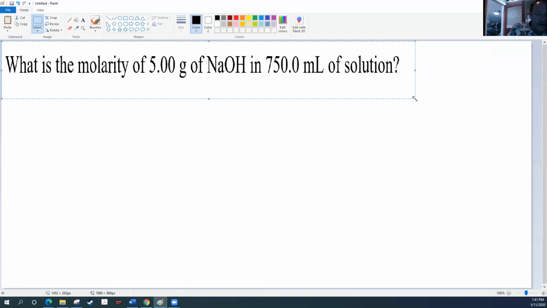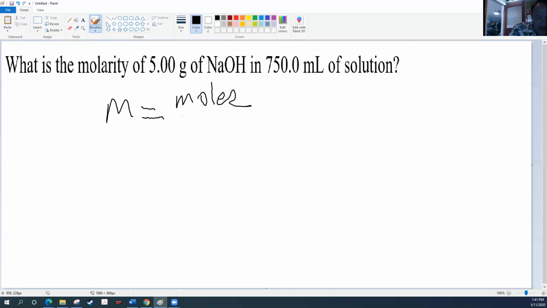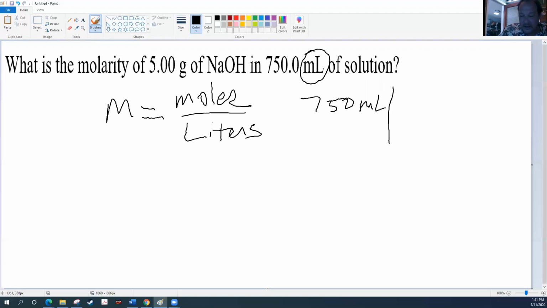So they're straight out asking us for molarity, so we know we need to use molarity equals moles over liters. Notice here, this is not in liters, this is in milliliters. So 750 milliliters, and I don't know if you remember how to do this, draw your cross, and 1,000 milliliters equals 1 liter.